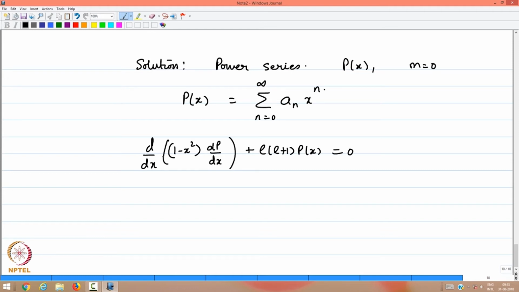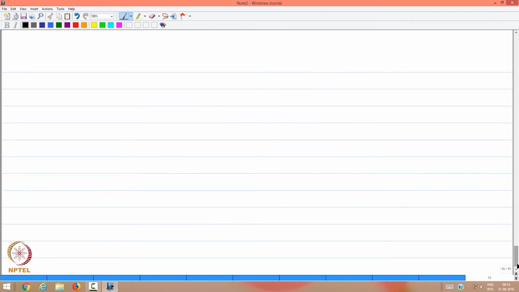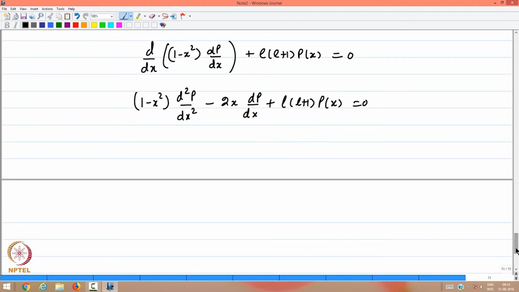We will write this with explicit derivatives. When the derivative acts on 1 minus x square, it gives you minus 2x, but if it acts on the dp, it gives you 1 minus x square d square p by dx square. So, there are two terms to it: minus 2x dp by dx plus L into L plus 1 p of x is equal to 0. Writing this explicitly helps us in getting the power series terms ordered.